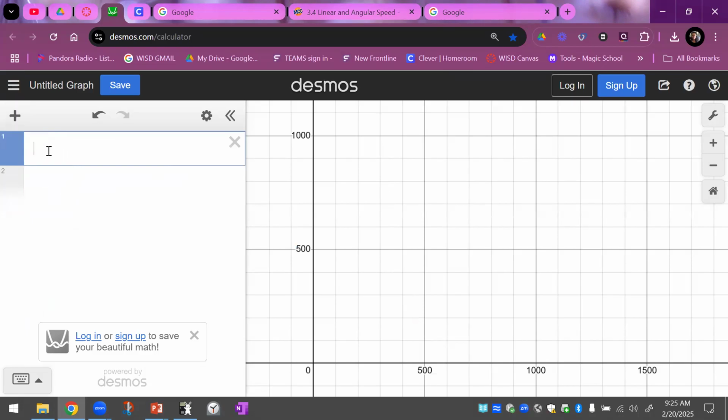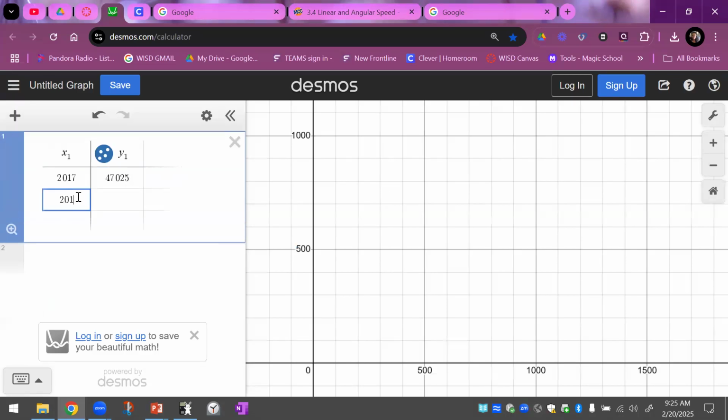So here we're going to create our table. In our table, we have 2017. And what was the value again? That's 47,25. And then in 2012, what's my value? 23,400.